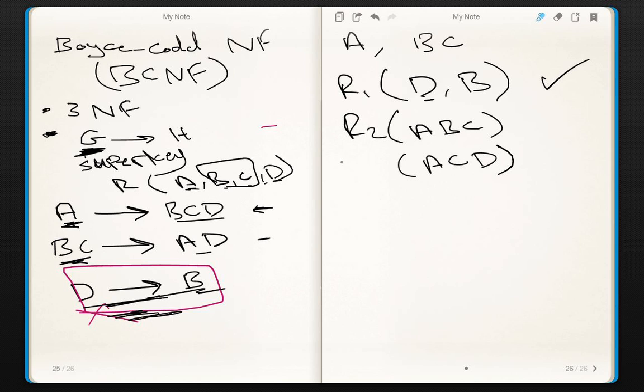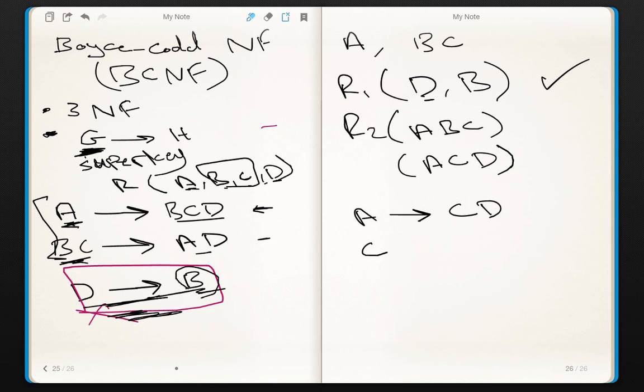Now, looking at the dependencies that we have, A defines CD, if we eliminate B, because B is not a key here.